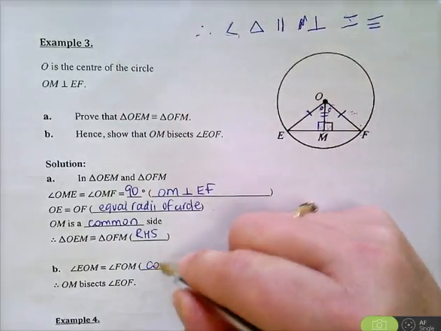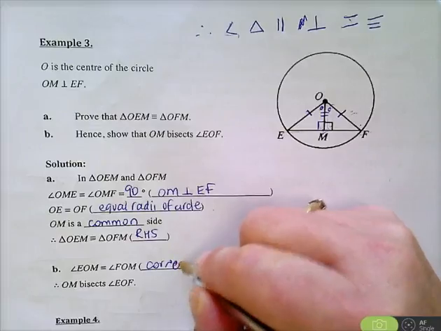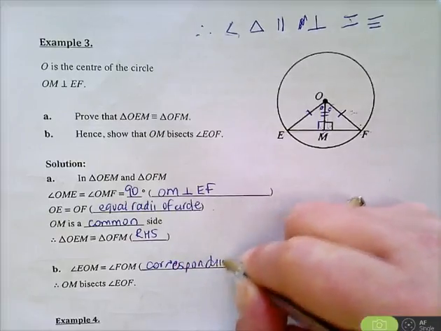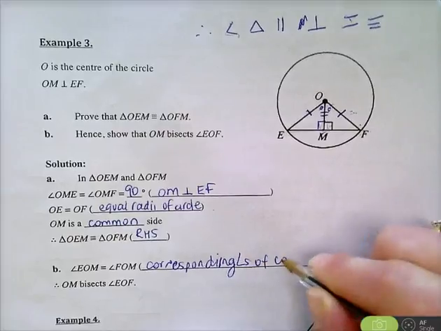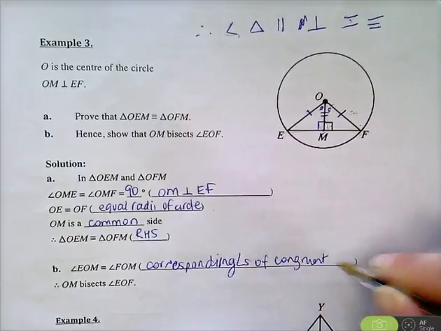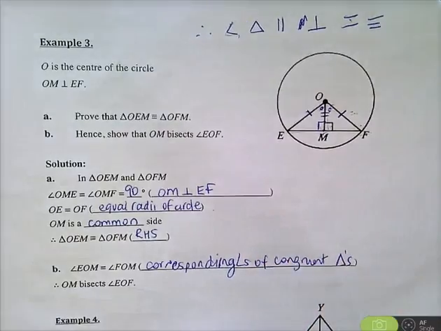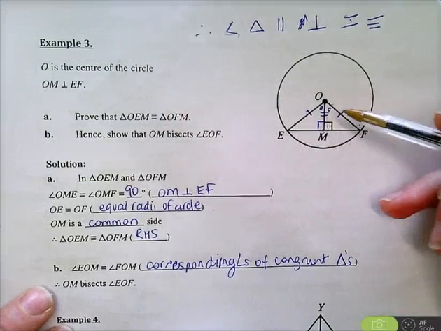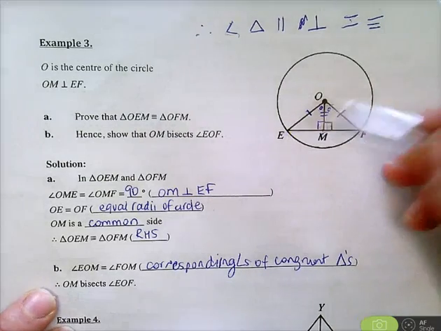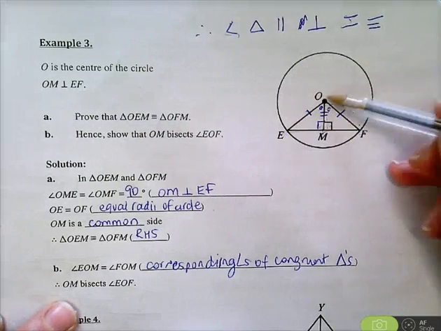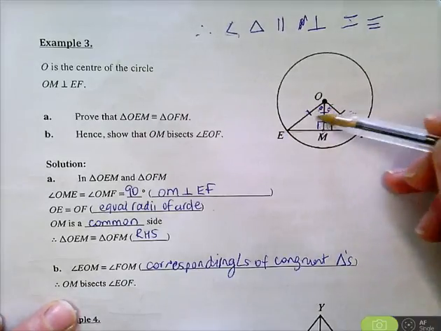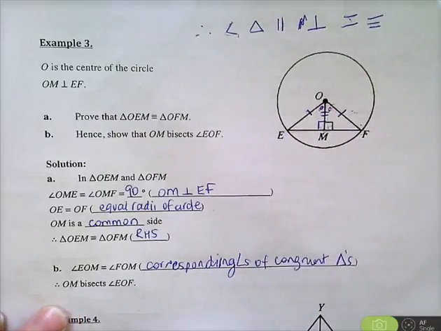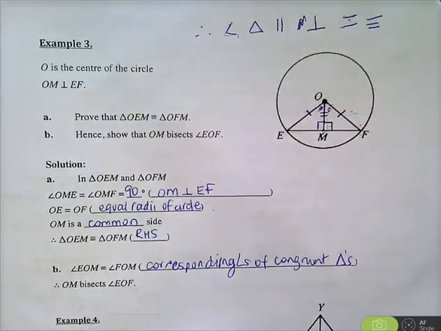So they are corresponding angles of congruent triangles, or matching angles. Do you know what I mean? Corresponding angles of congruent triangles. So therefore, OM must bisect angle EOF, because that line has made two equal angles there, so it's therefore cut it in half. Okay? All right, girls.